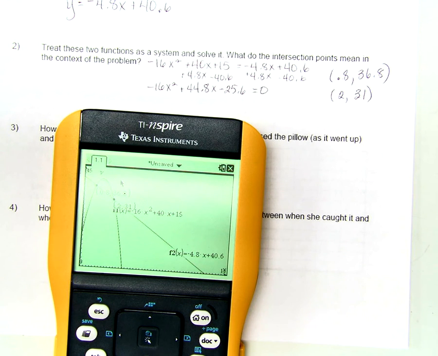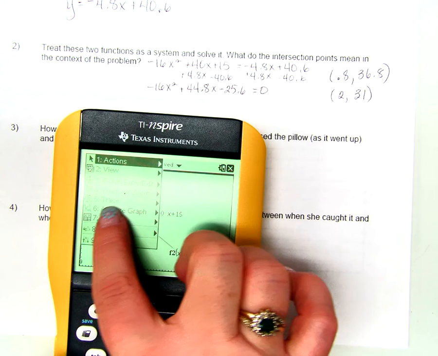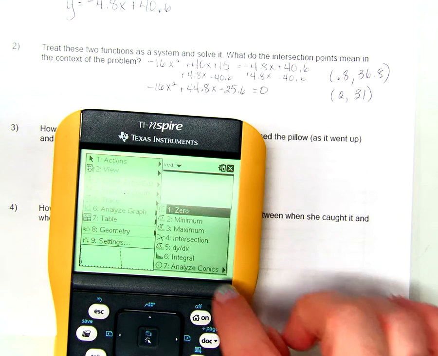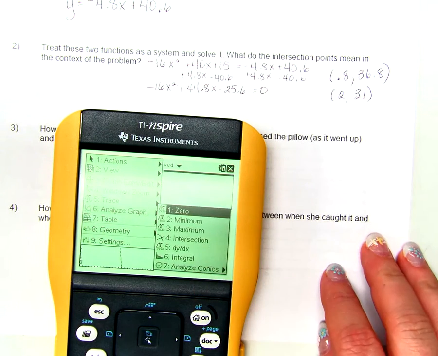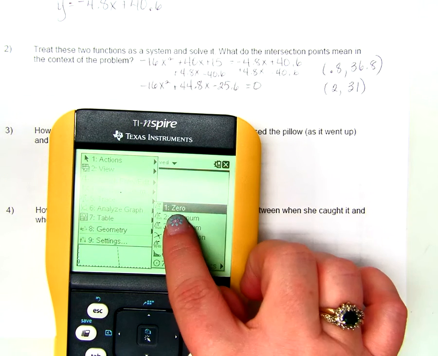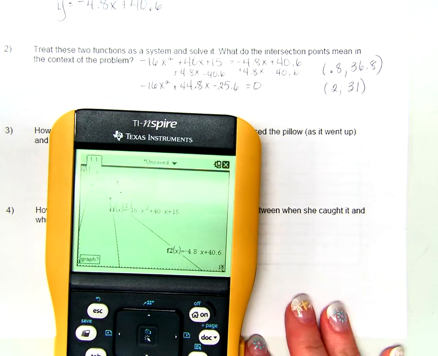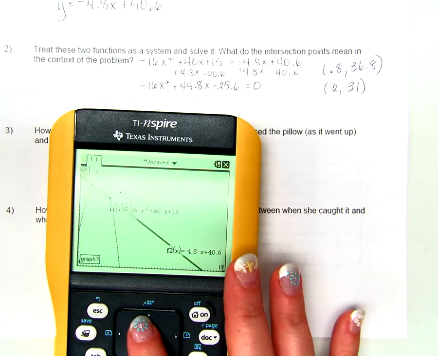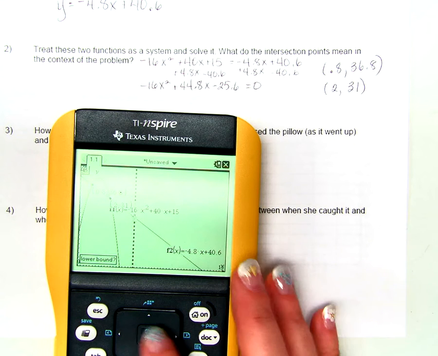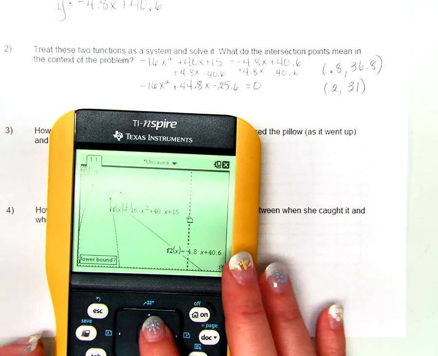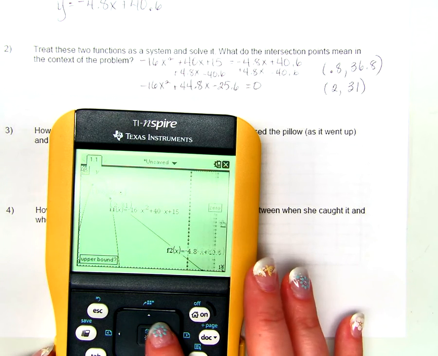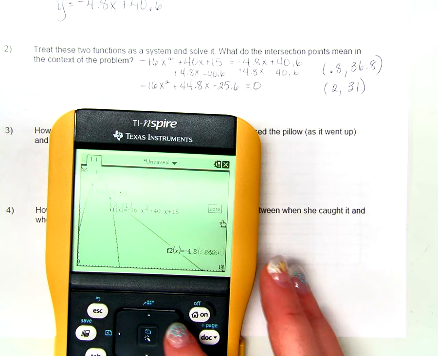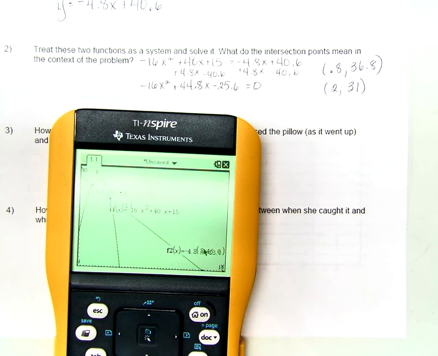How can we figure that out? Menu, analyze. What is that place down there called? It's called a 0. Which graph am I talking about? I'm talking about that one. My lower bound is here. My upper bound is here. Can you see it?